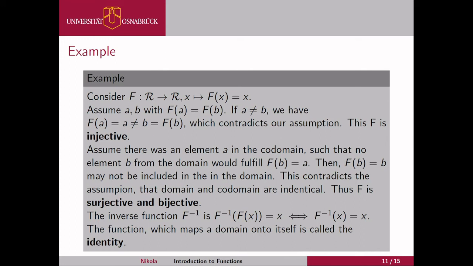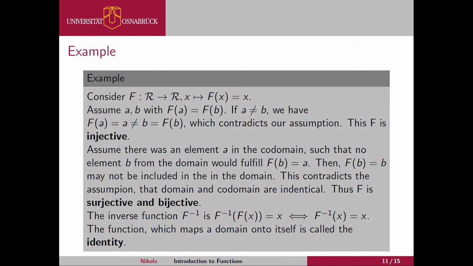So let's just disprove this with contradiction. Let's just assume that there's two elements a and b, and their functional values f of a and f of b are the same, and that then a is not equal to b. This would be a counterexample to injectivity. However, we know that f of a is a, because this is a functional term, right?